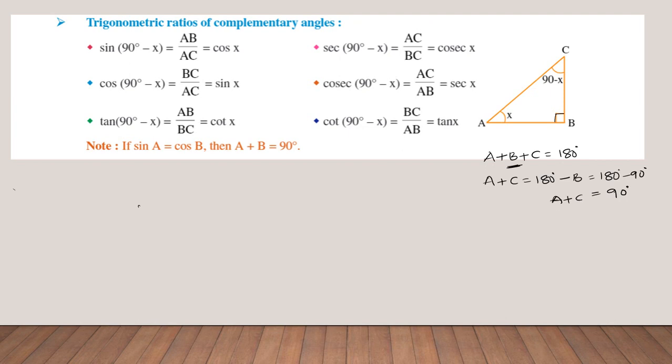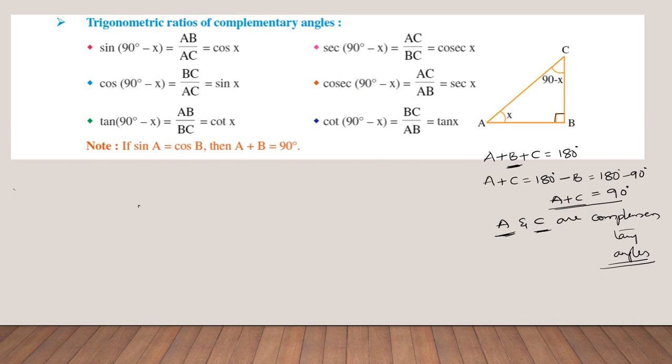A plus C is equal to 90 degrees. That means A and C are complementary angles. Now with respect to A and C, we are going to discuss how these relations are obtained, right?